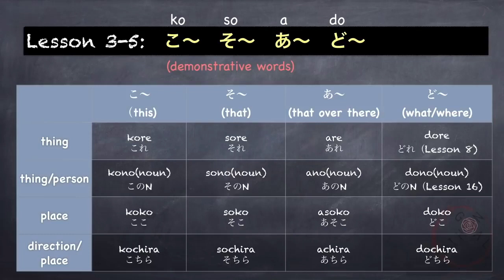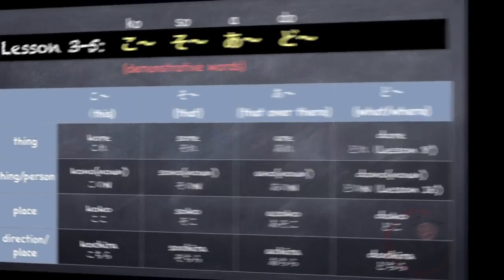Okay? And that place over there, asoko, or that way over there, achira. And lastly, the column do, which means what or where or which. We haven't learned the words dore or dono noun, so they just mean which. But we've learned the word doko, which means where or what place, and dochira, or which direction or which way.